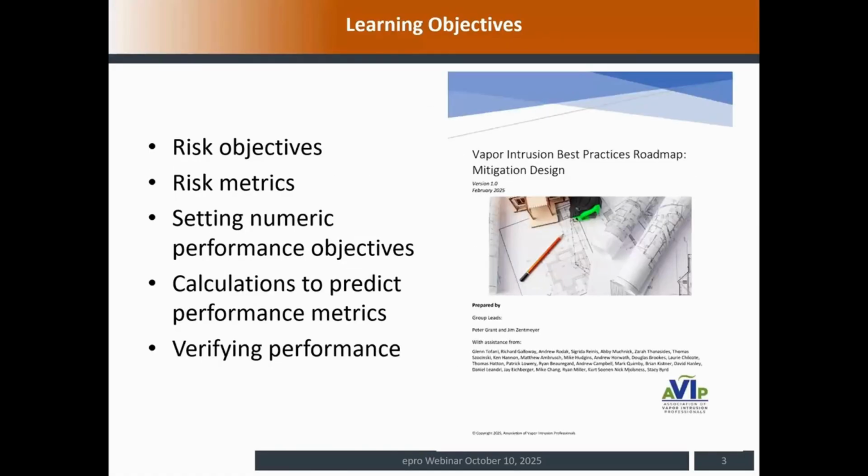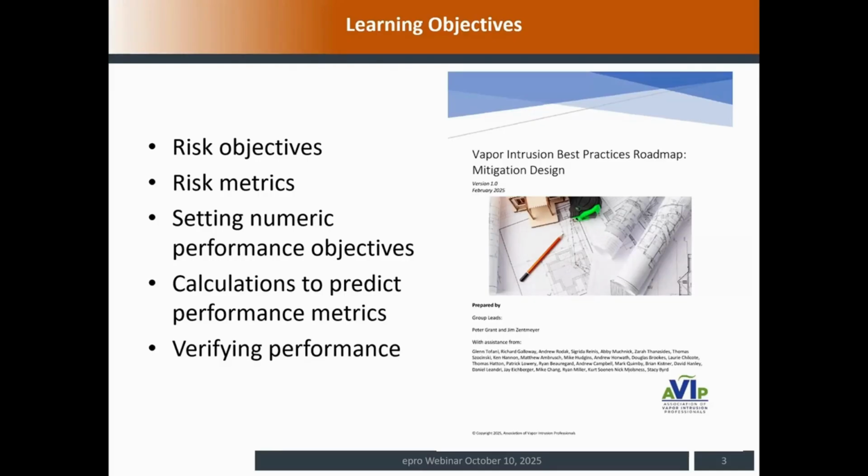All right, so we'll talk a little bit about risk objectives, define those, risk metrics, and then setting the numeric performance objectives, introduce you very quickly to the calculations, not going through them in too much detail, and then also touch on performance verification. On this slide, you can see the cover for this best practices guidelines that AVIP put together, and you can see a lot of folks from a lot of different companies collaborated to put this document together.